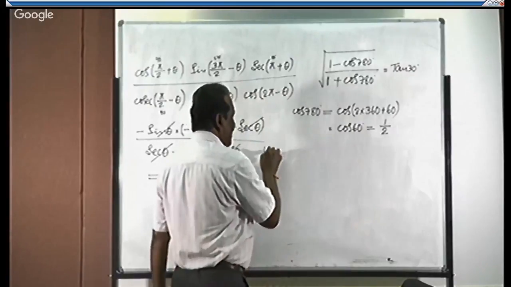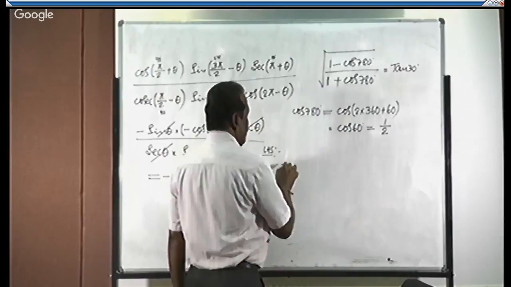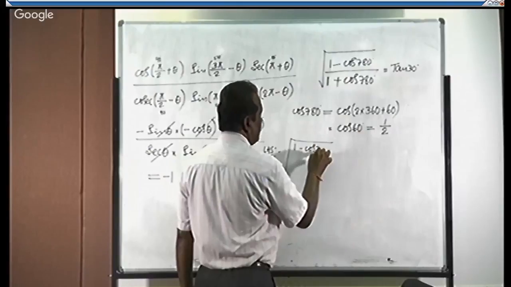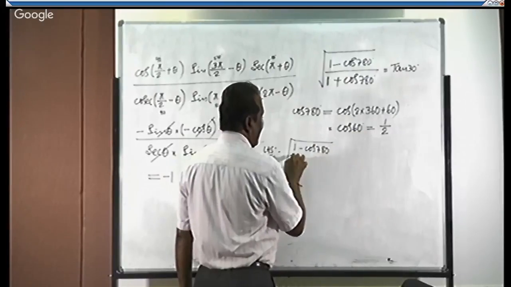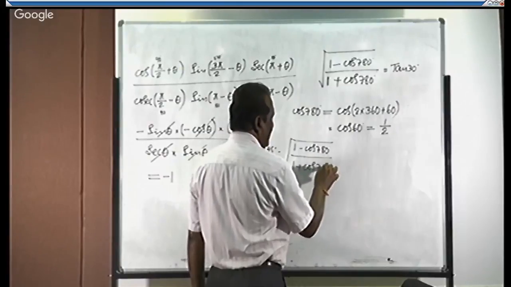Now consider the LHS. What is the LHS? Square root of 1 minus cos 780 degree divided by 1 plus cos 780 degree.